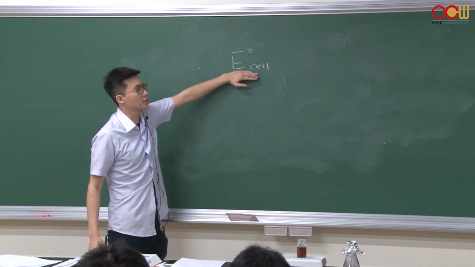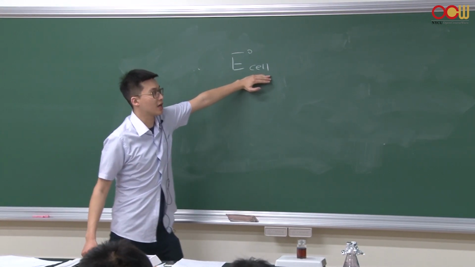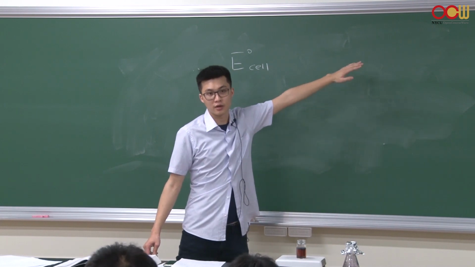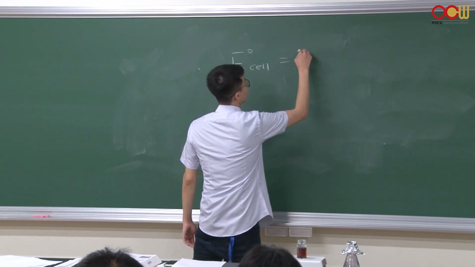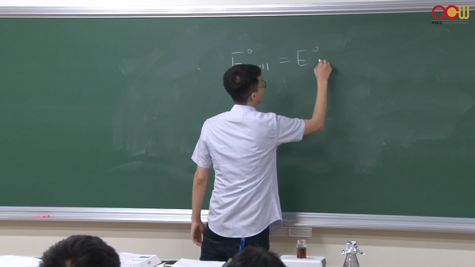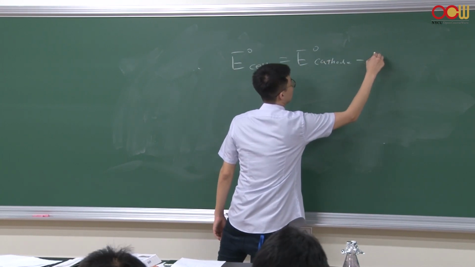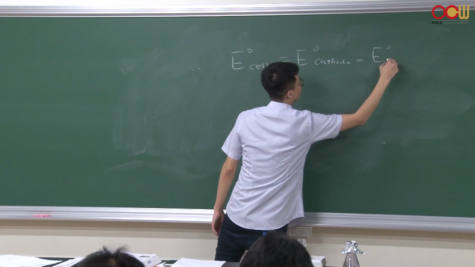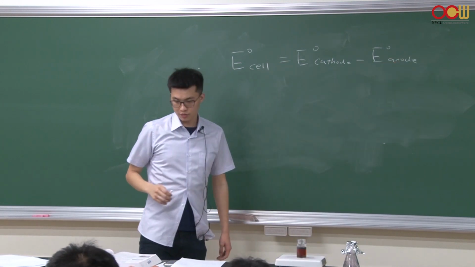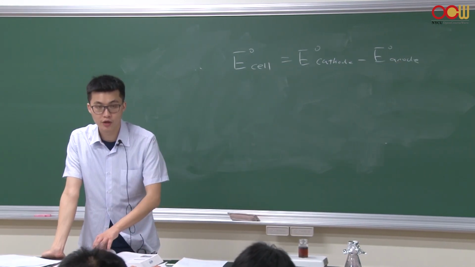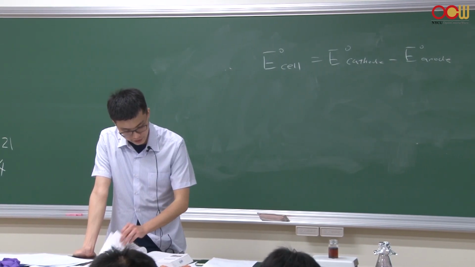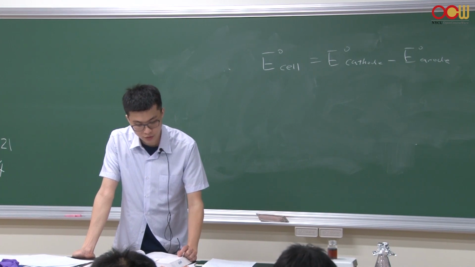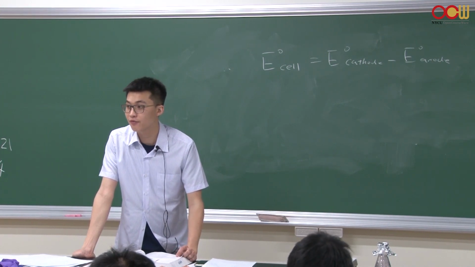So when we see E cell, it's talking about a complete circuit. And then the general way to calculate such a value is taking your value from cathode minus anode. All right, so you can get a voltage, and you can look up this value by looking at table 21.2, which is on page 954.